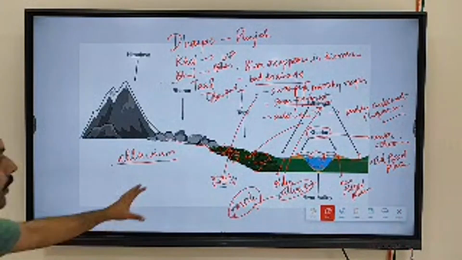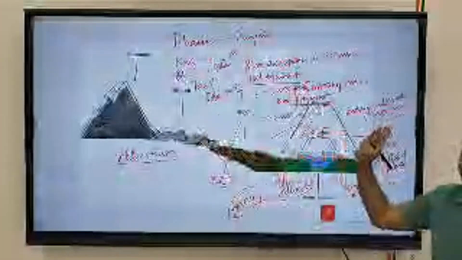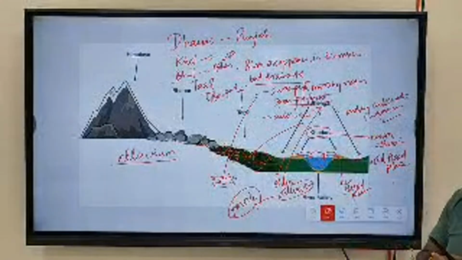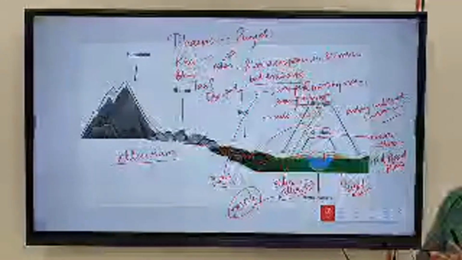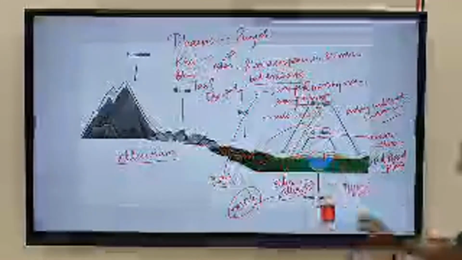Tarai is the region where there is bad drainage, swampy forest. These forests are being cleared for the cultivation of crops which require a huge amount of water. And you have the Khadar and Bangar region.